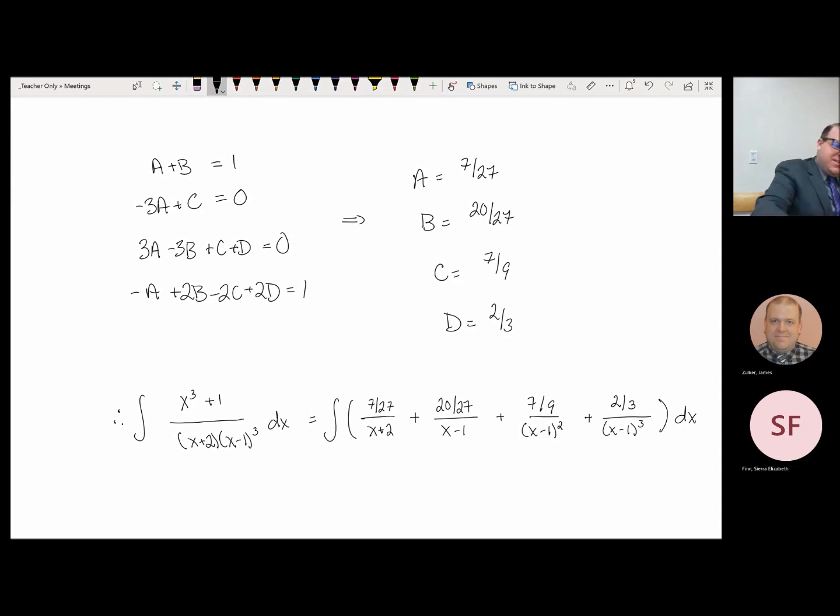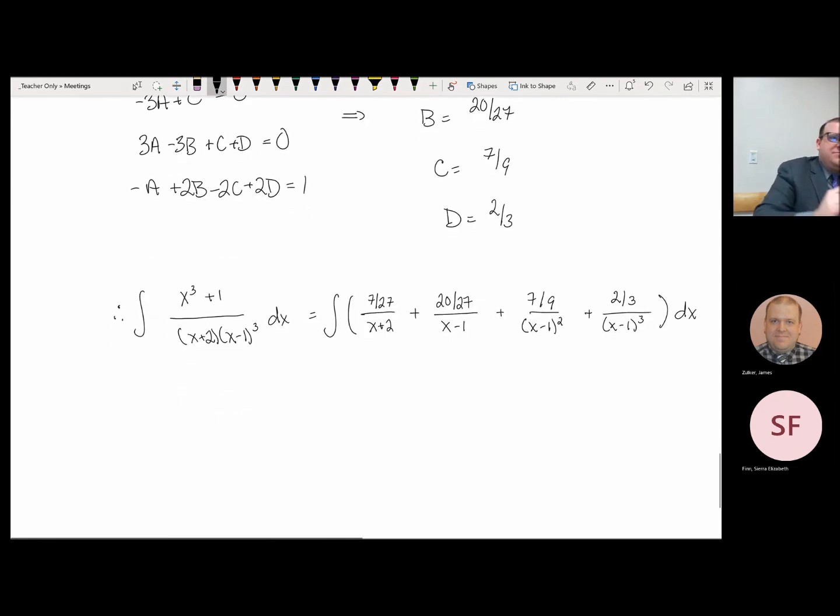You subbed one problem 3 times last time. Just that was already too much. Now that's for a single integral. Imagine doing it for a triple integral. That's Calc 3. Love Calc 3.